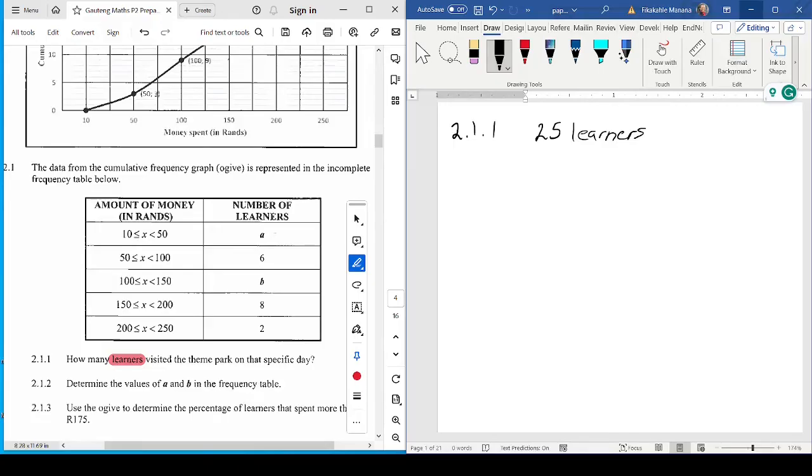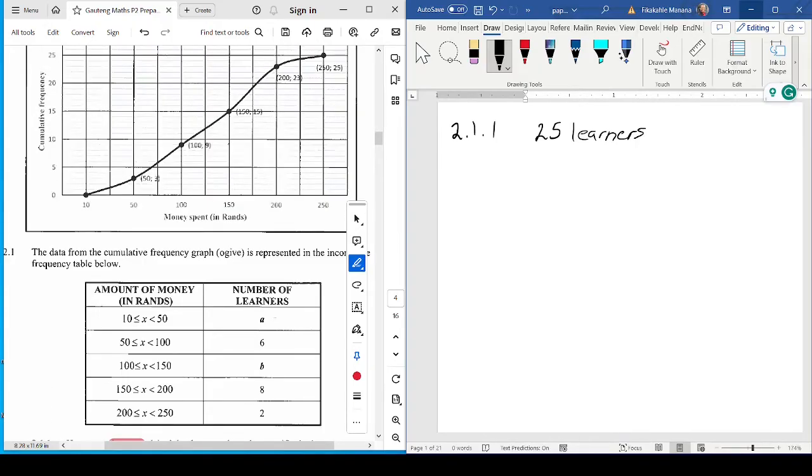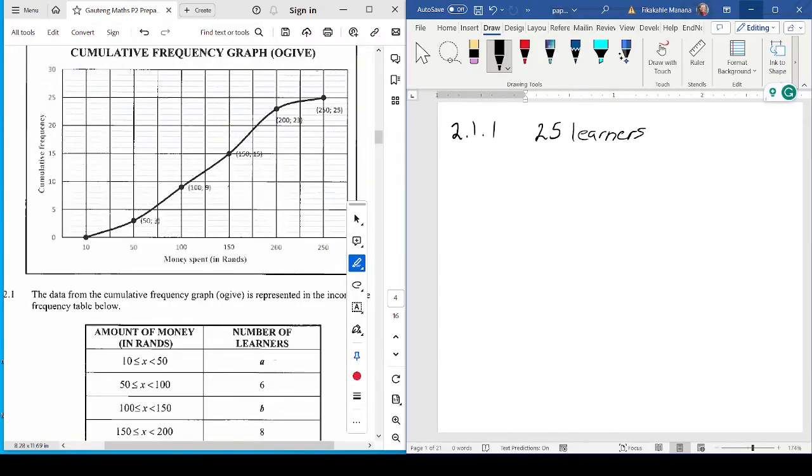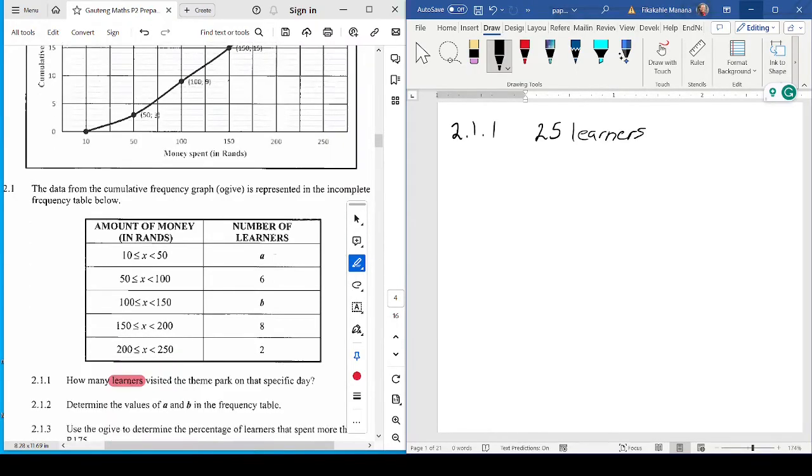These are numbers of learners, so we need to read the cumulative frequency. Remember, this y-axis represents the number of learners. So that value there is actually just 3. So this is now 2.1.2. The value of A is equal to 3.